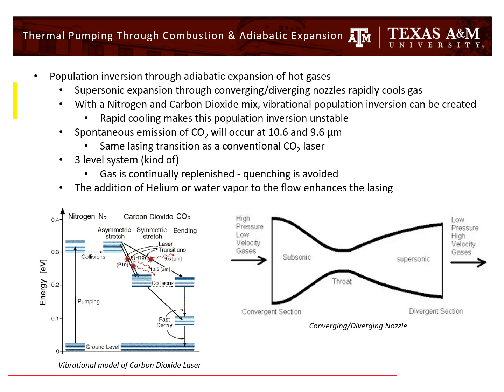You can use this quick cooling of the gas to create a population inversion between vibrational states of this carbon dioxide, and this population inversion can be used to create a laser, as with any other type of laser.